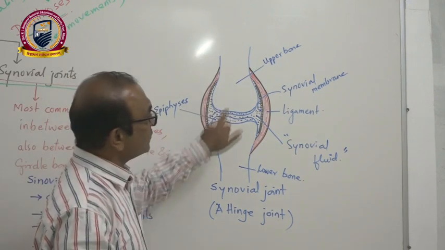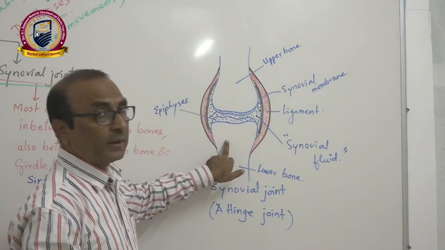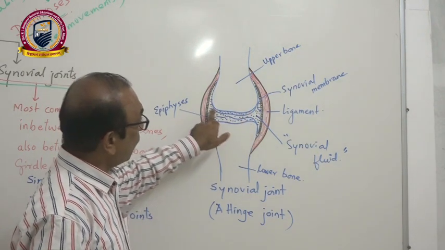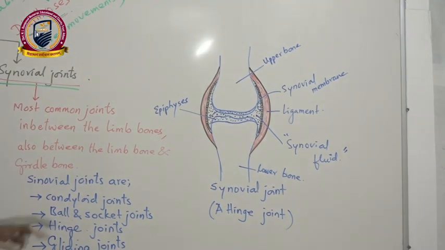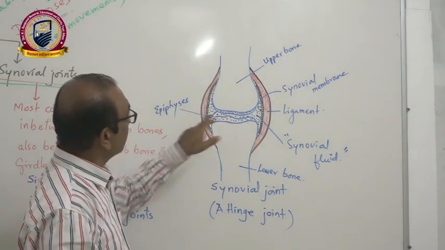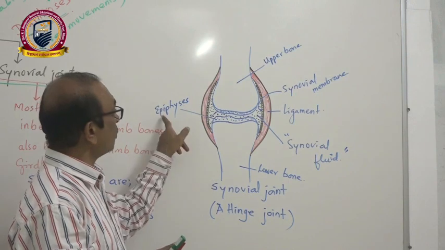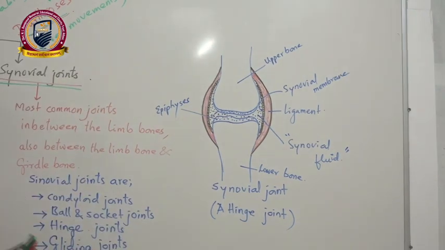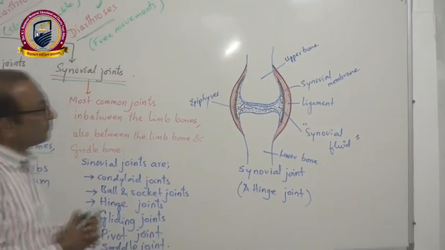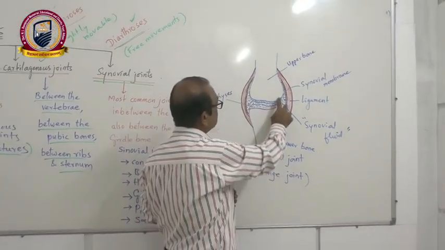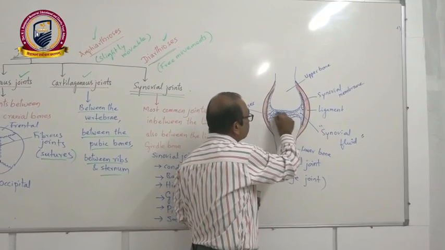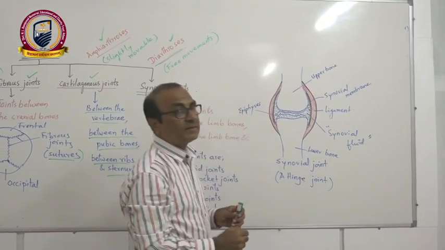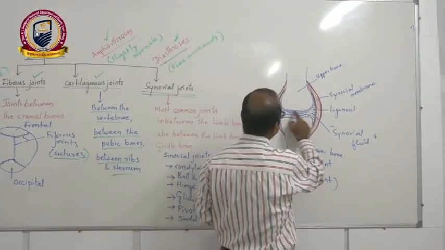The ends of the bones have a cartilaginous covering made up of hyaline cartilage, called the epiphysis. So here we have the cartilage covering these bones, and there is a small gap, and that gap is filled with the synovial fluid.